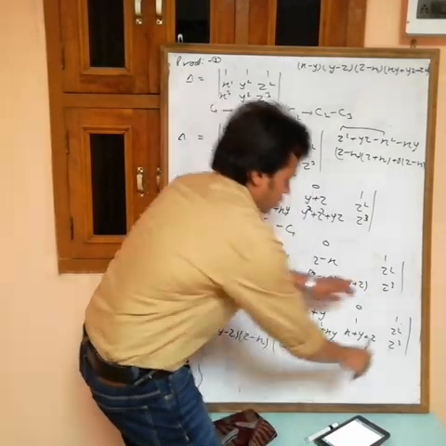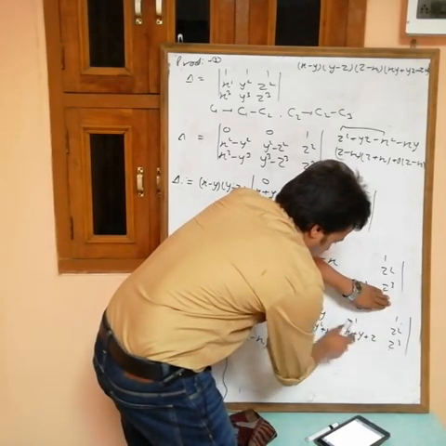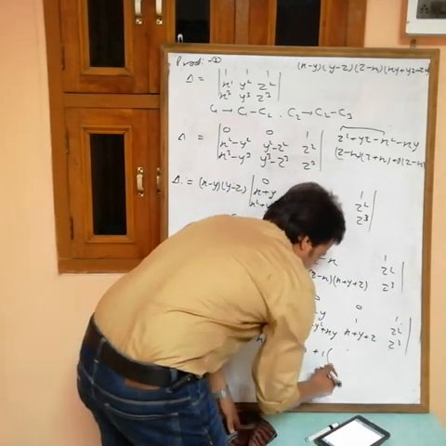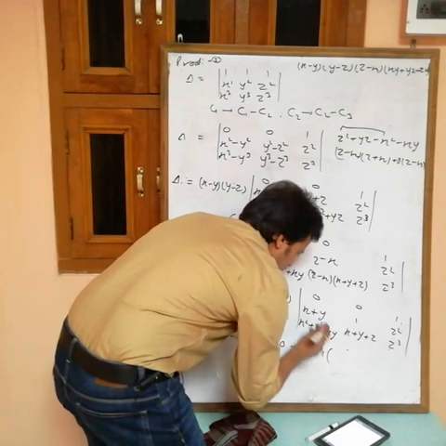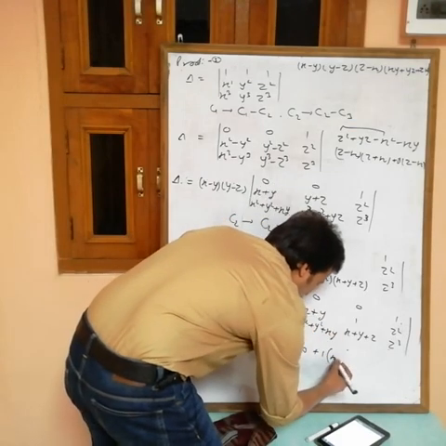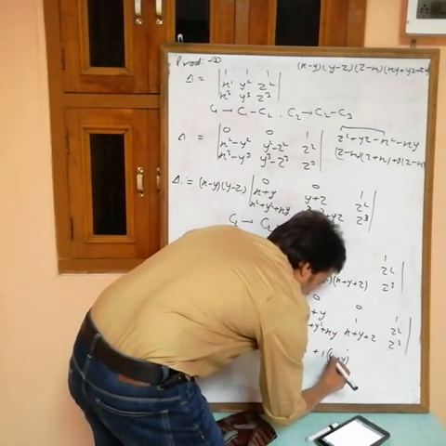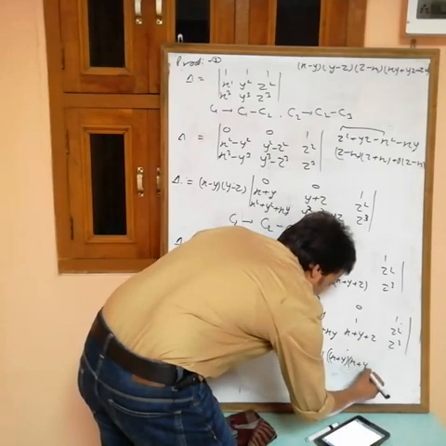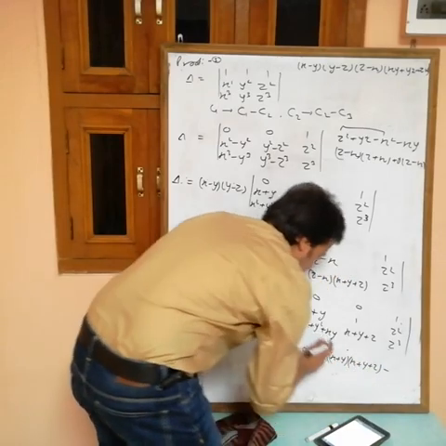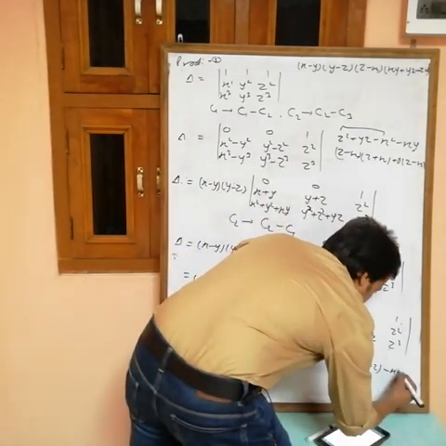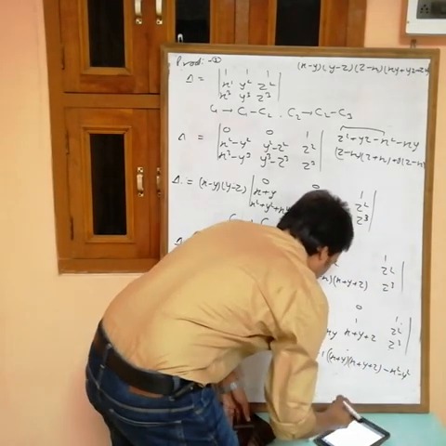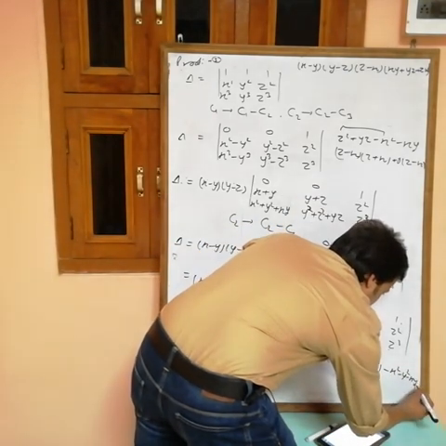So hide the corresponding row and column, and this one into this one minus this one into this one.